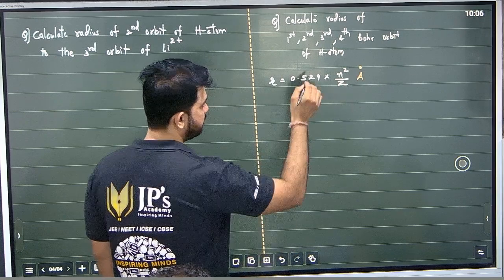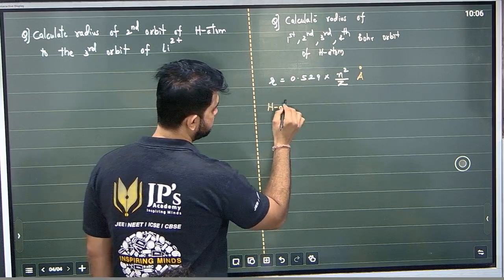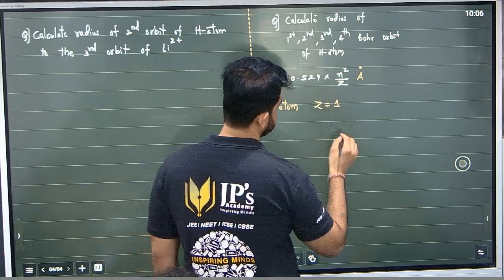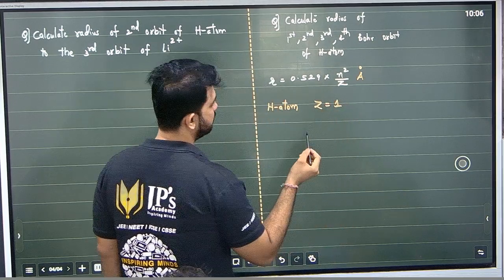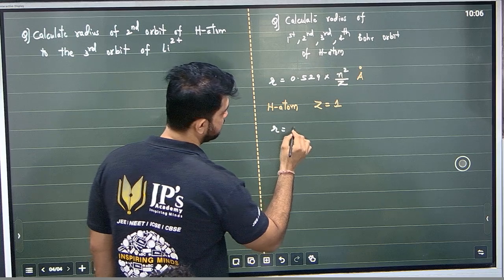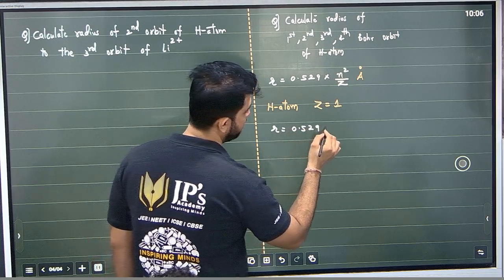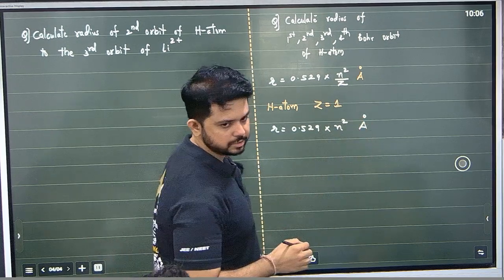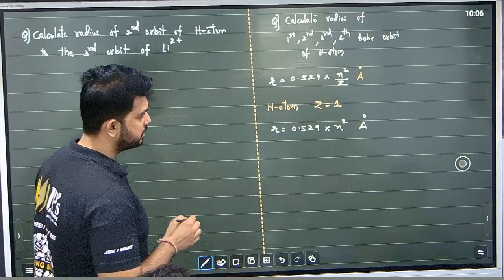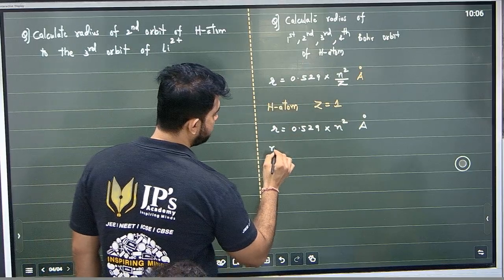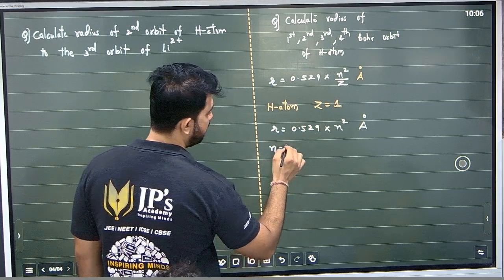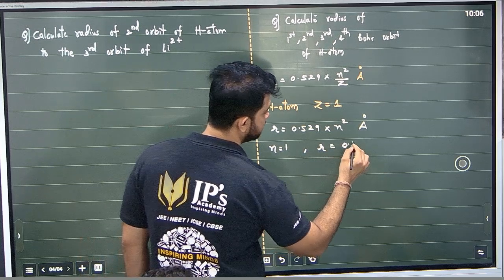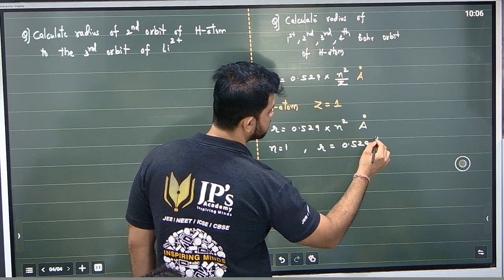Now they've said it for hydrogen atom. So if we do it for hydrogen atom, what will z be equal to? 1. So how can we write the formula in a modified way? R is equal to 0.529 into n square angstrom, since z is 1. Next, for the first orbit, n will be 1. What will the radius be, people? 0.529 angstrom.